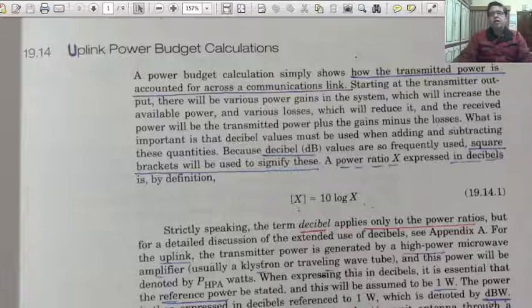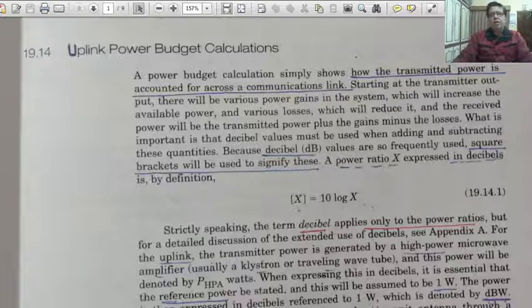Starting at the transmitter output, there will be various power gains in the system, which will increase the available power, and various losses, which will reduce it, and the received power will be transmitted power plus the gains minus the losses. What is important is that decibel values must be used when adding and subtracting these quantities.